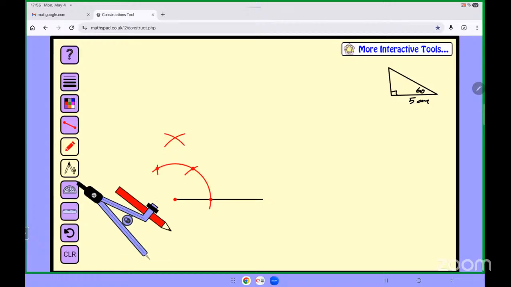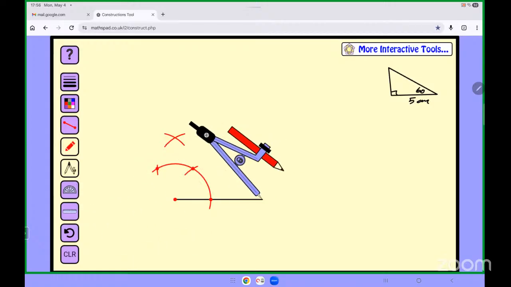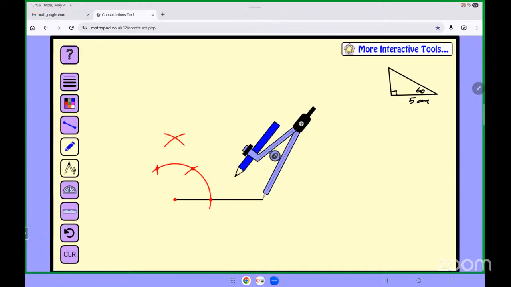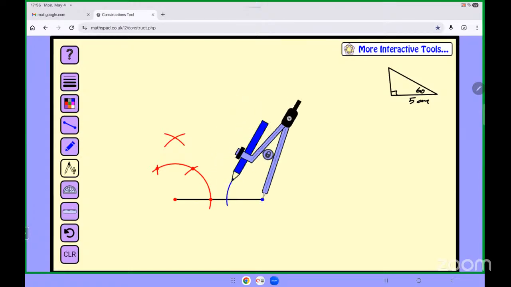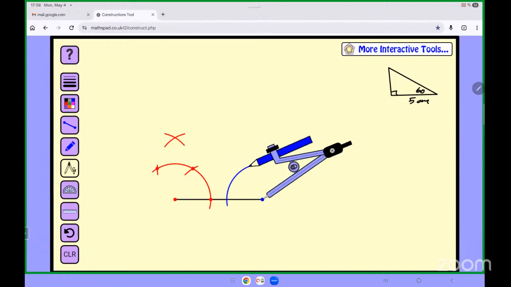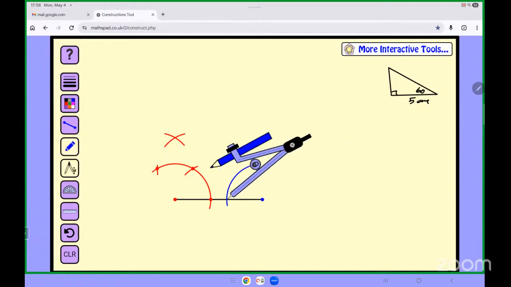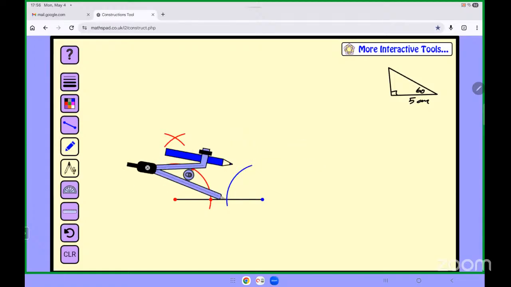Let's come over here now and make a 60-degree angle right here. Let's change the color for the 60. Right here now I'm going to make a 60-degree arc. Cross this one, rotate that up to about 60 up there. So come to this point, and then rotate and cross that one.